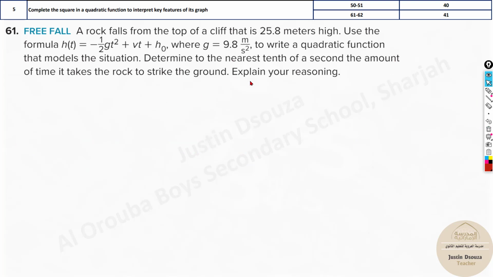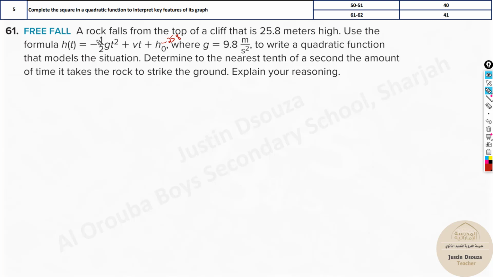Now over here, see, this is a different type of problem. Let's quickly go through this. A rock falls from the top of a cliff that is 25.8 meters. Now, this h naught is given over here. Let's write one by one. This is 25.8. Use the formula h of t given over here, the equation, where g is 9.8.